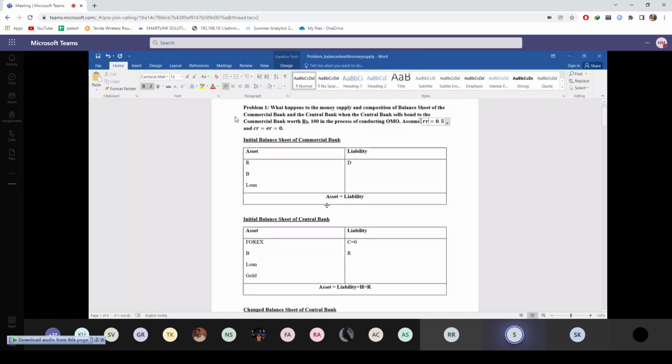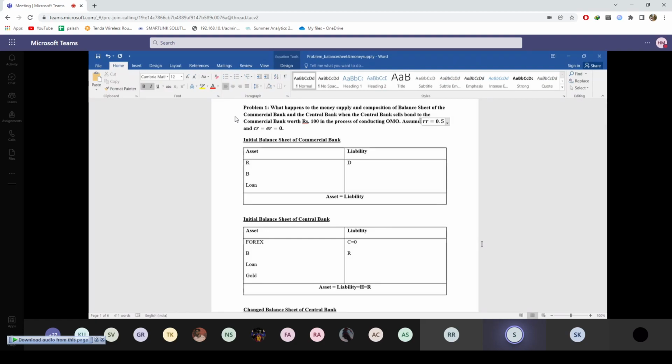And this is basically the initial balance sheet of the commercial bank and the central bank. Everybody should write it down or draw it in your exercise book so that we can do this problem and check what happens in the composition of the balance sheet and the money supply.